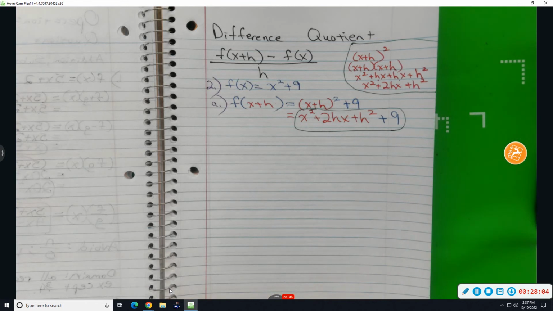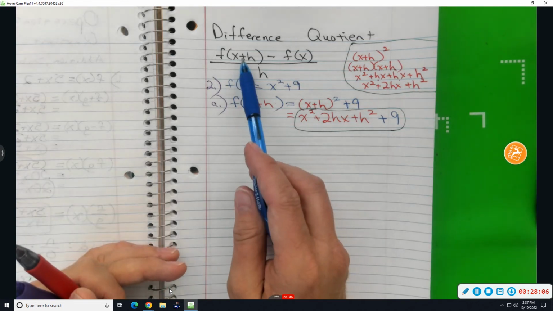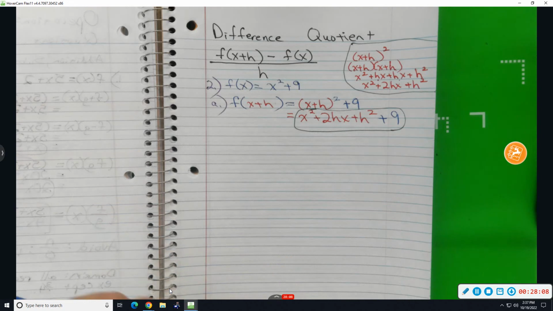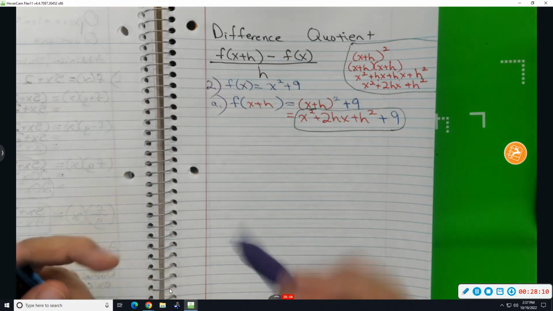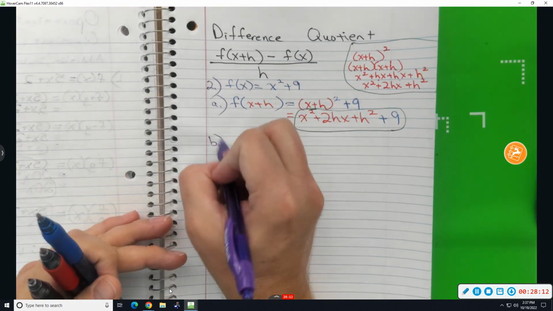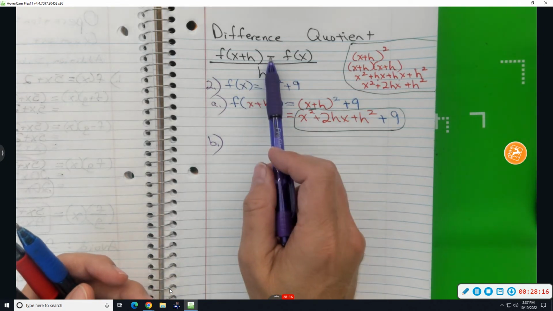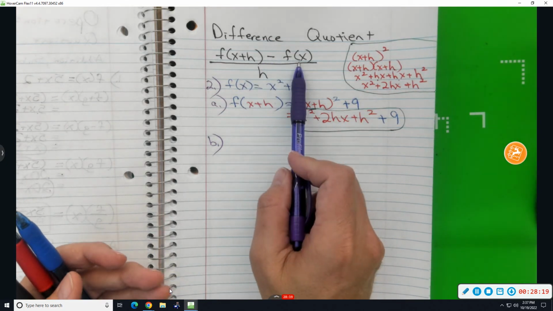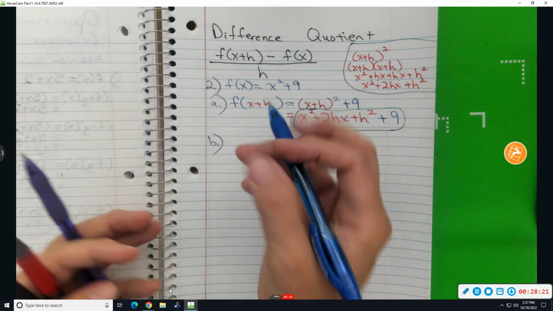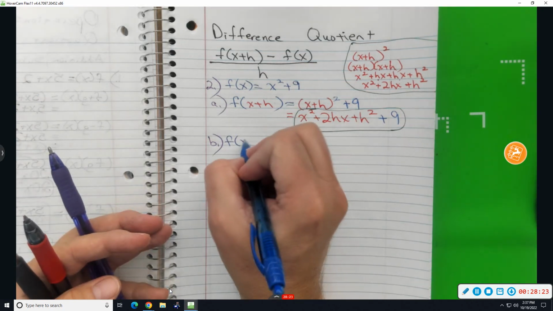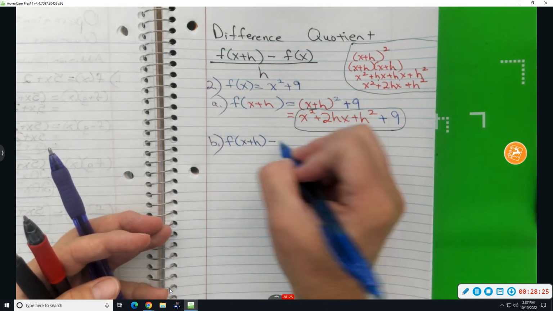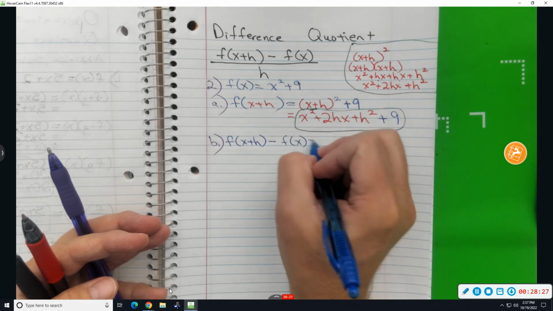Now part B. Part A is just that f of x plus h. Part B says take what you just found in part A and take away the original function. f of x plus h, that's part A, minus f of x.